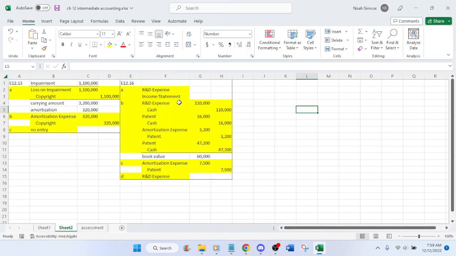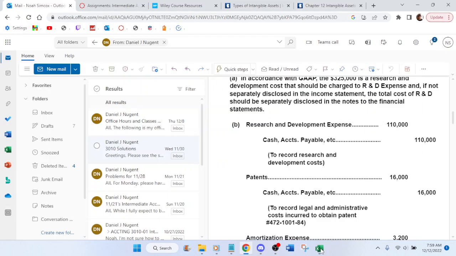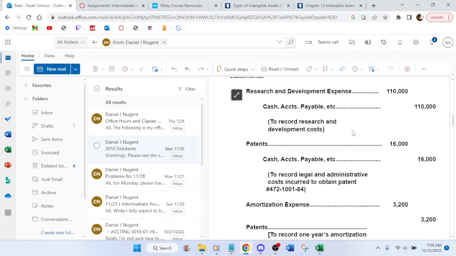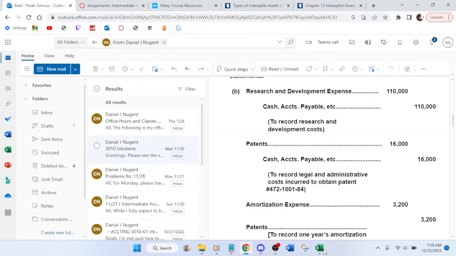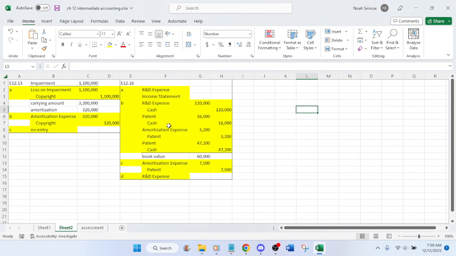Okay. B is going to be R&D expense 110, cash 110. Cash, accounts payable or whatever. Patents. Next one is patent 16,000, cash 16,000. And the next one is amortization expense 3,200, patent 3,200.